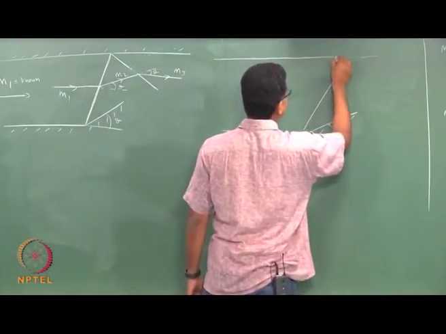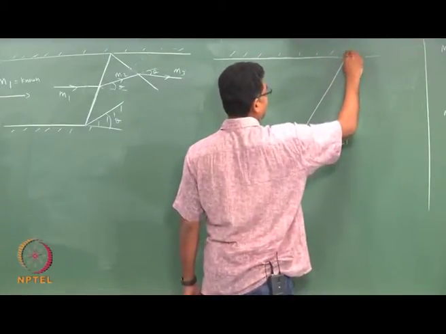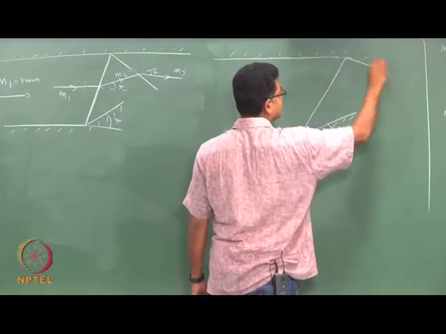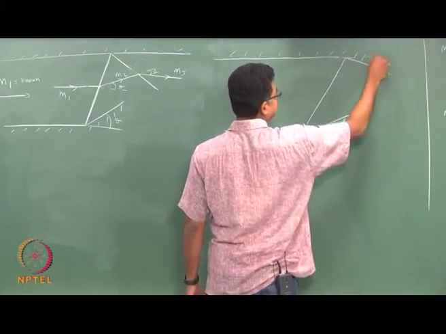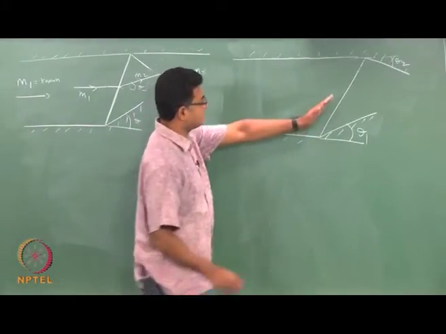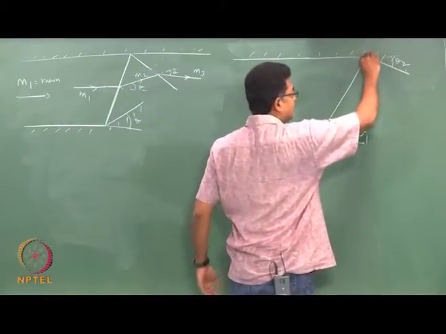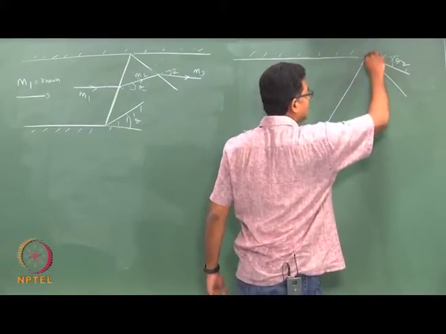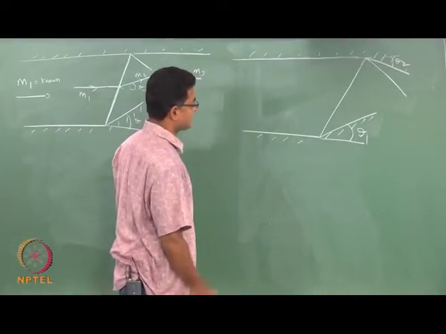So, this is a surface and this top surface also turns by some angle theta 2. Okay. So, there is a shock that comes and at this point itself the surface turns, and because of which there is another shock wave that is here.